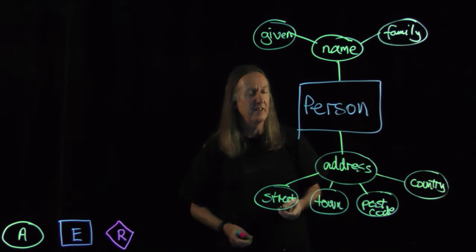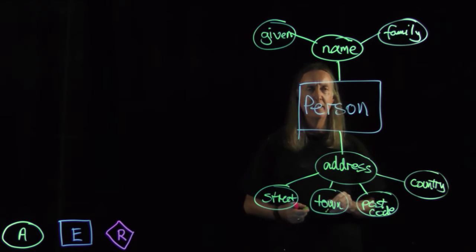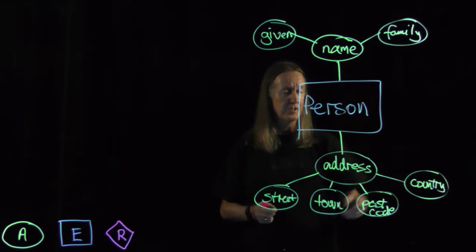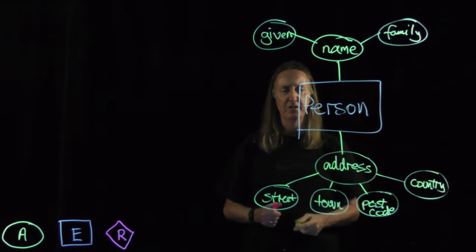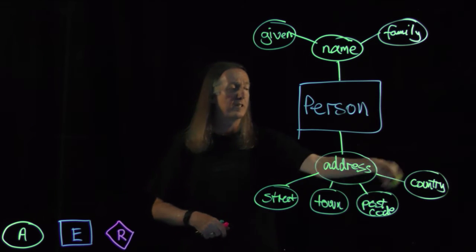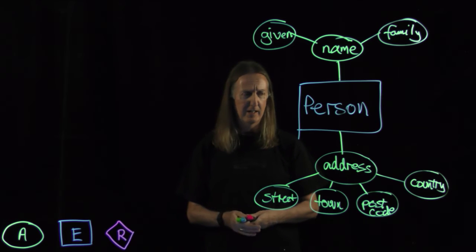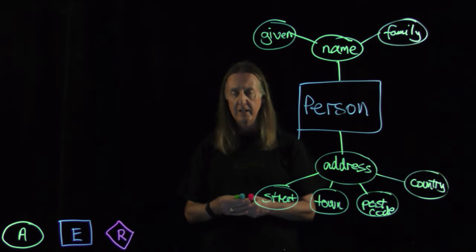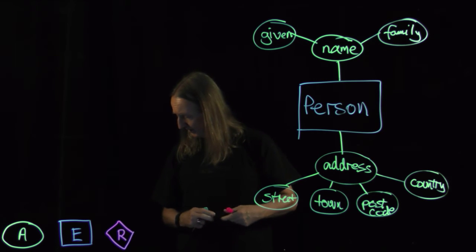And of course you might have other kinds of things, but for the sake of this scenario that was all that was mentioned in the requirements. Okay, so once again, composite attribute consisting of 4 parts. If we split the address up like this rather than treating it as a single string, then we can ask queries later on about, you know, who are all the people from Australia. If the addresses were done as a single string, it's a little bit more complicated to talk about that kind of information.